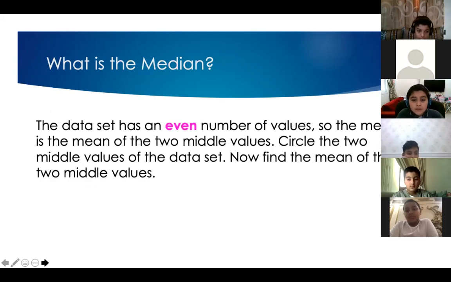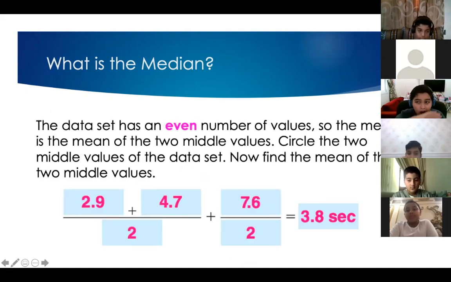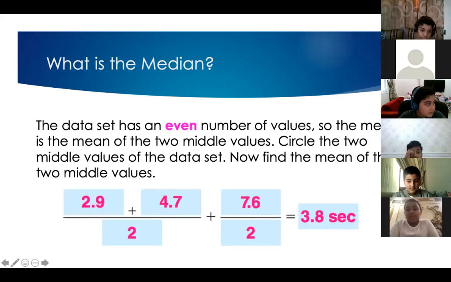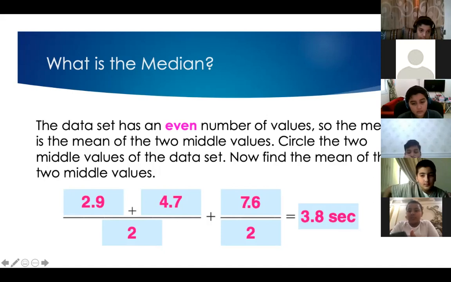So what we will do is add the 2.9 and 4.7. We will divide them by 2. Why? Because we have how many values here? 2 values only. 2.9 plus 4.7 is 7.6. Then I will divide it by 2. The final answer is 3.8.